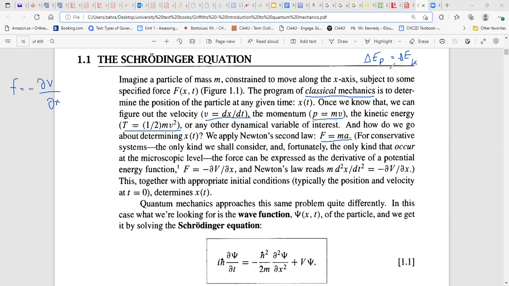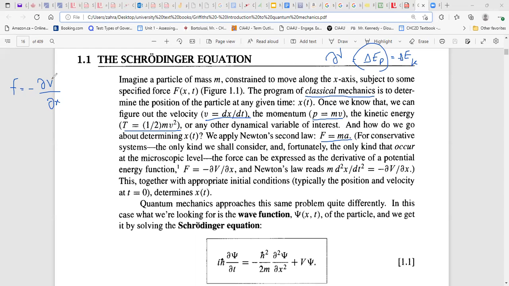You already know that from the conservation of energy. So if the change is small, it can be denoted like dV. This is the change in potential energy.